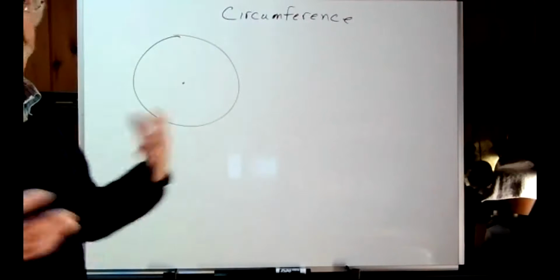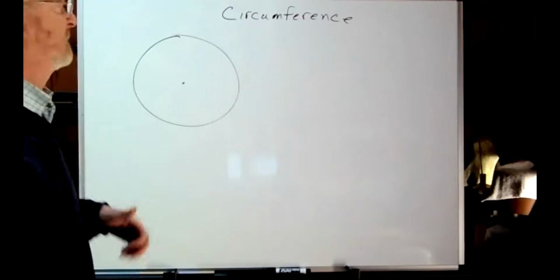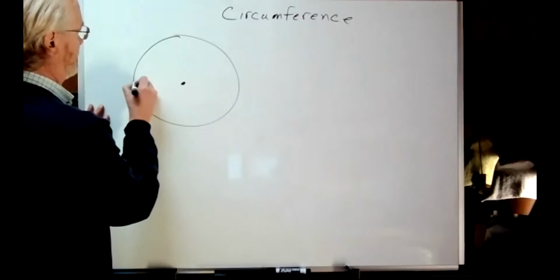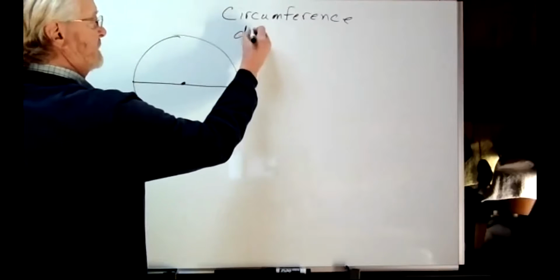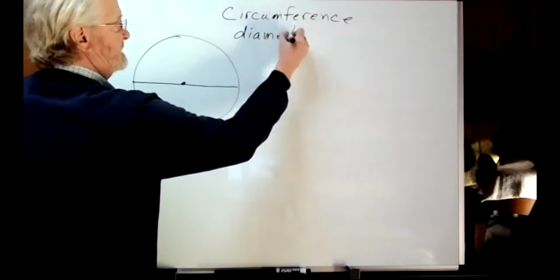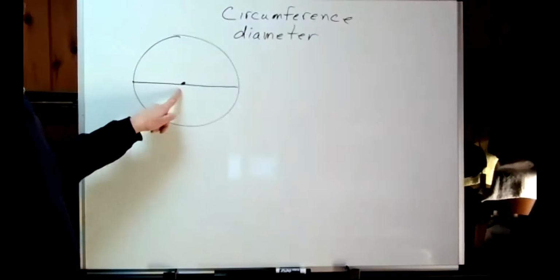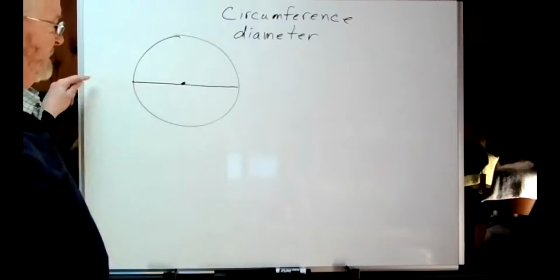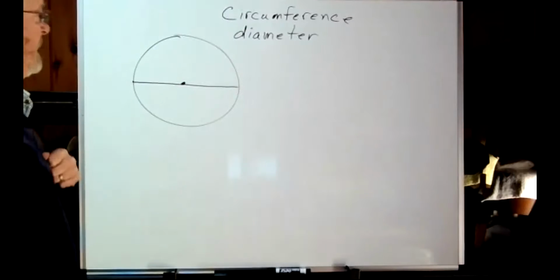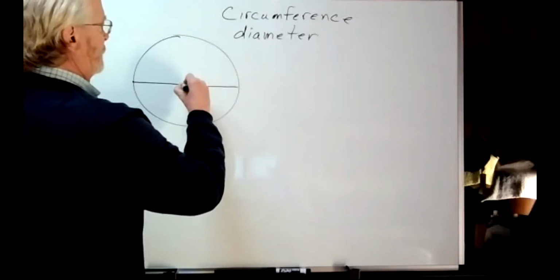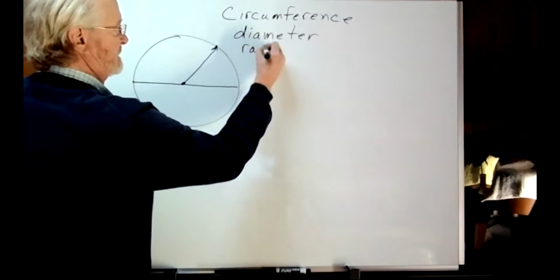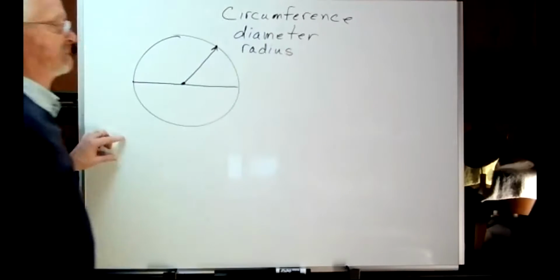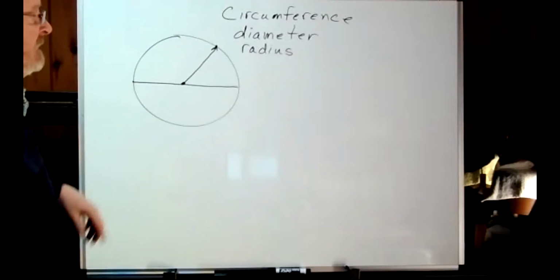We need a couple dimensions to use in our formula. Diameter is the distance across the circle going through the center. That's the diameter. All right. And half of that, or from the center out to the edge, is the radius. That's our radius.